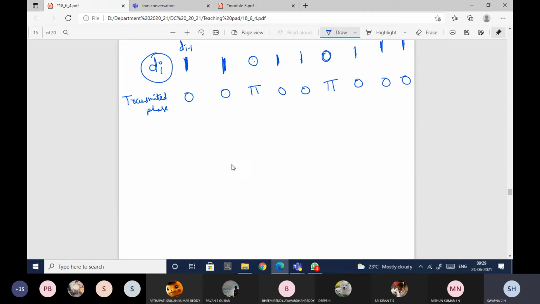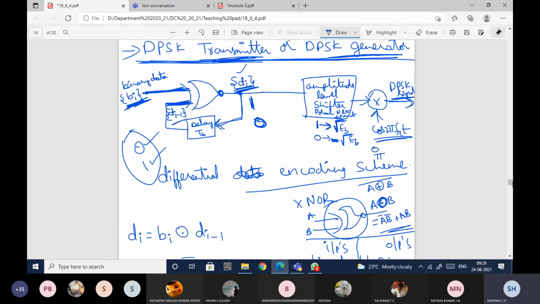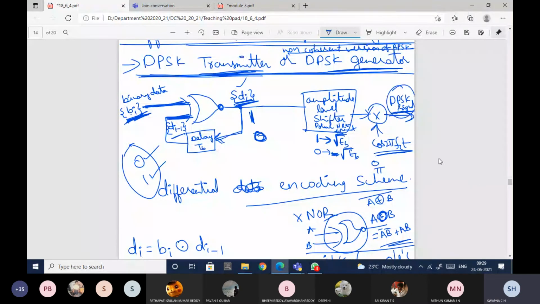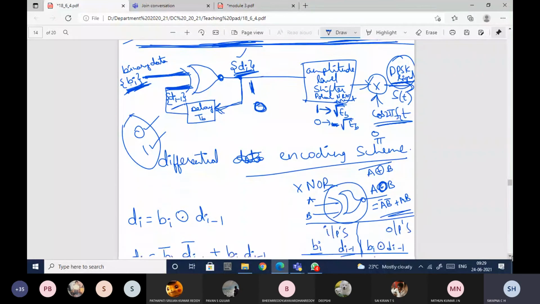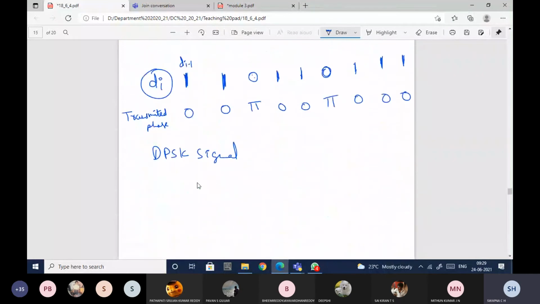So finally the DPSK signal, whatever I am getting here, let me represent it with s of t. That is given as s of t is equal to root 2 EB by TB cos 2 pi fct, because this is for symbol 1, when di is equal to 1.